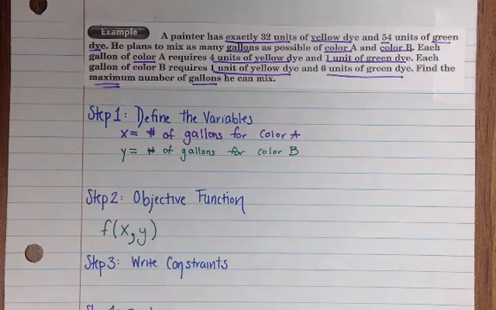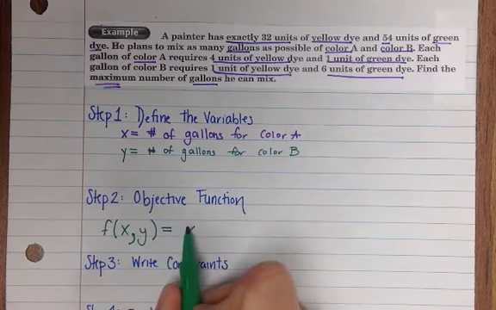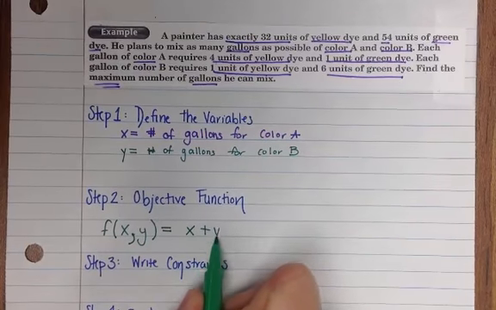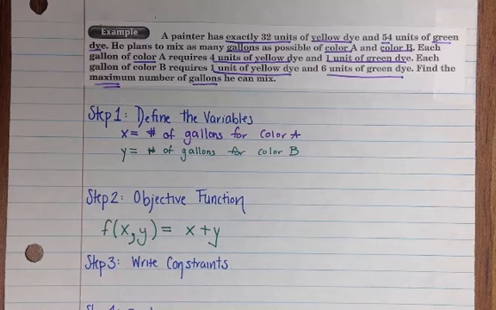If I want to find how many gallons of each he can make, then I need to combine the gallons of color A plus the gallons of color B. So our objective function would be x plus y, since x represents the number of gallons for color A and y represents the number of gallons for color B.